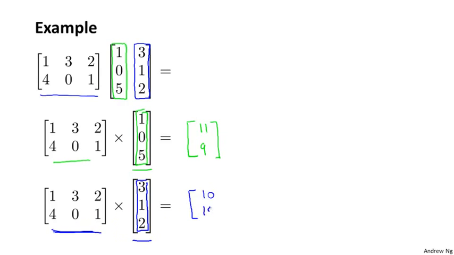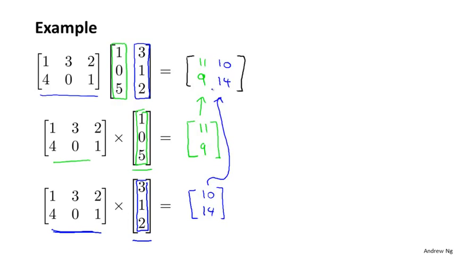And by the way, if you want to practice your matrix vector multiplication, feel free to pause the video and check this product yourself. Then I'm just going to take these two results and put them together, and that'll be my answer. So the outcome of this product is going to be a 2 by 2 matrix, and the way I'm going to fill in this matrix is just by taking my elements 11, 9 and plugging them here, and taking 10, 14 and plugging them into the second column.